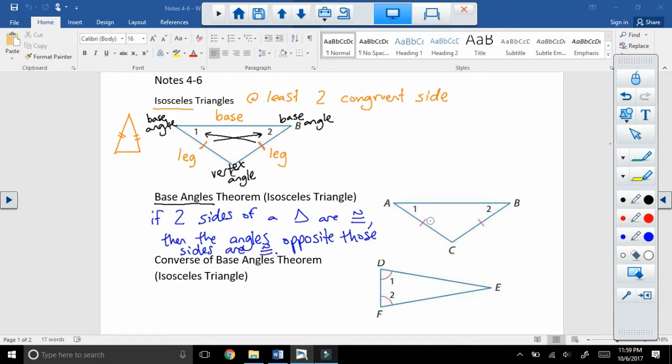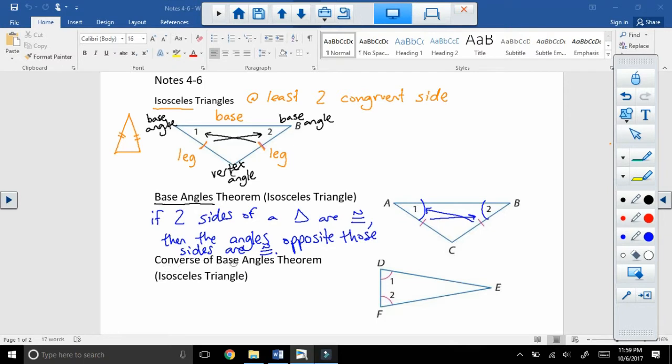In other words, the base angles are congruent. So this angle is opposite from this side, and this angle is opposite from that side. So those base angles would be congruent. That's why I think it's easier to remember it as the base angles theorem.